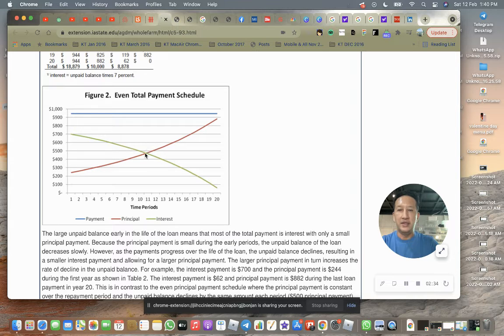But when it hits the inflection point where it crosses off, at year 10, you start to see that at year 20, you're still paying the same amount, 1,000, but the principal portion is about 900, and your interest portion is the 100, the 300 plus.